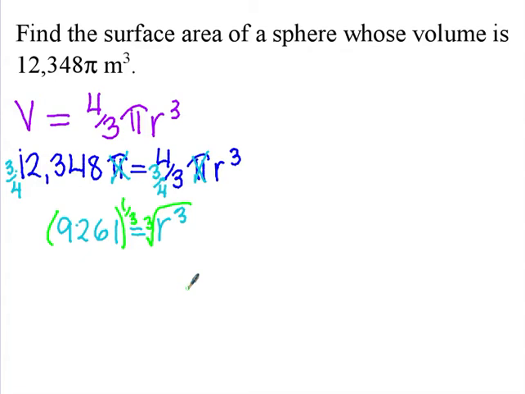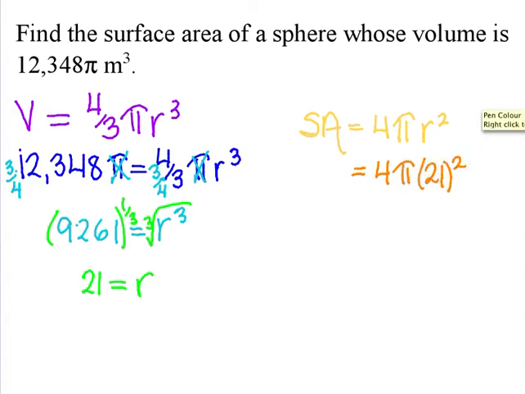So what does the radius come out to be? 21. Did y'all get that figured out? You'll use the y to the x key. So my radius is 21. Now what I need to do is find my surface area. So surface area is 4 pi r squared. So what I'm going to do is plug in 21 for r.